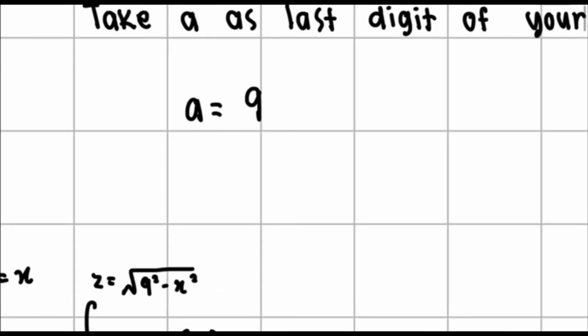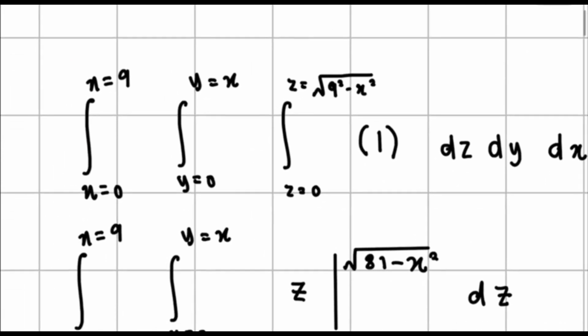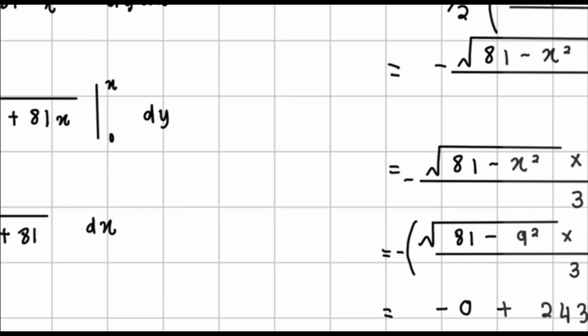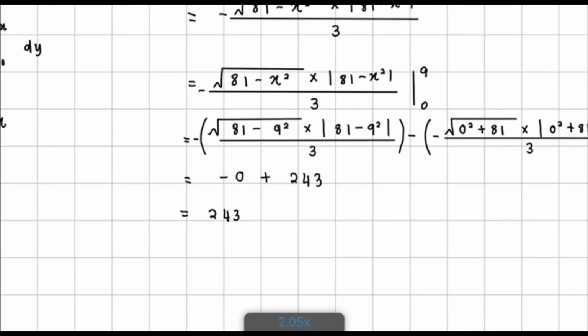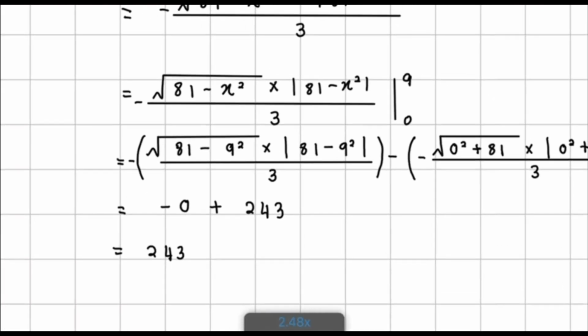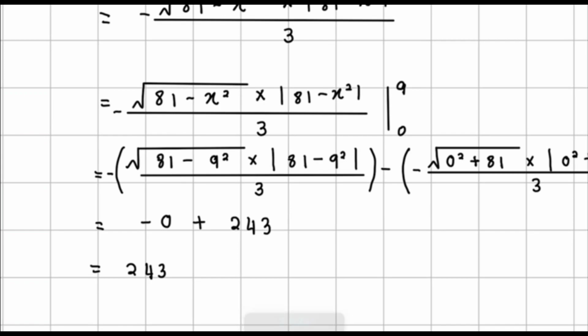After that I put a equal to 9 because my last matrix number digit is 9. Then we solve that and I get 243, and I can prove it with the simulation.